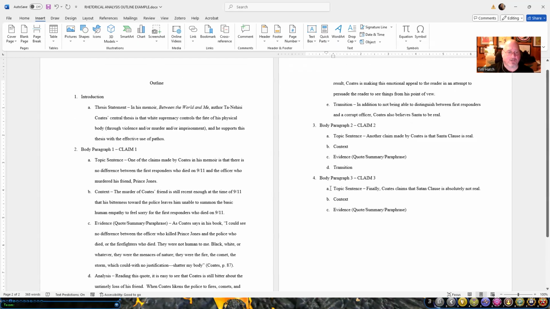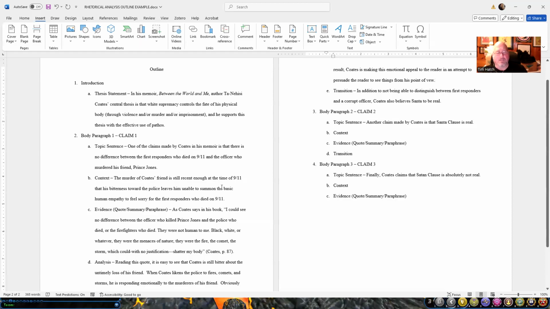Now, again, for each of these, this is from the essay prompt, you were supposed to say whether or not this strengthens or weakens his overall point. Now, if I have identified his overall point as white supremacy controls the fate of his physical body, well then, I would say that this is a successful use of pathos to persuade the reader. At least it is for me.